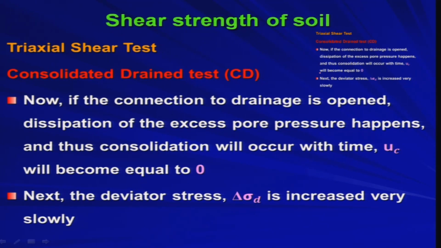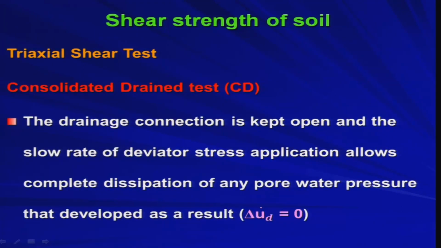Next, the deviatoric stress, delta sigma d, is increased very slowly, very gradually. You are increasing delta sigma d and allowing the drainage. You are not closing the valve. The drainage connection is kept open, and the slow rate of deviatoric stress application allows complete dissipation of any pore water pressure that develops as a result, that is, delta u d is equal to 0.